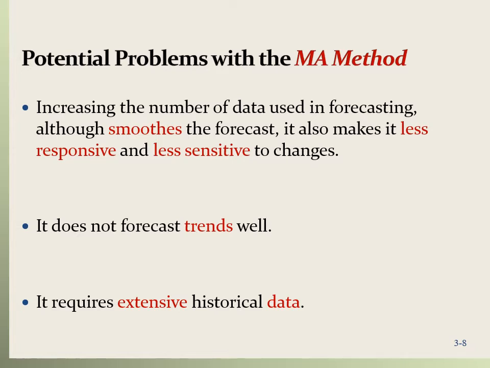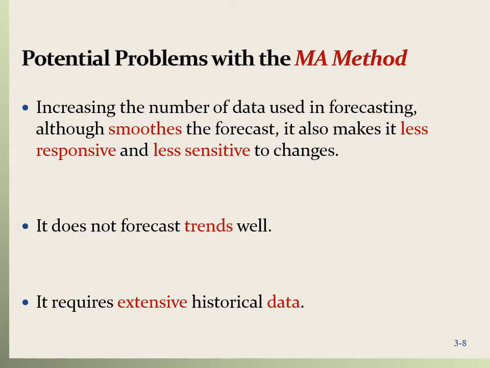The next problem with the moving average method is that if there is a trend in your data, the moving average method is not a good method to use to make a forecast. The moving average does not forecast trends well. Another thing to consider is that the moving average method requires extensive data depending on the number of periods.